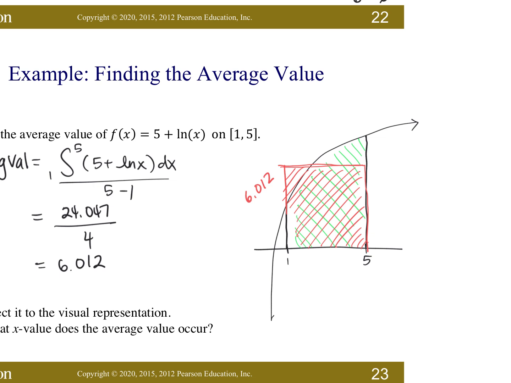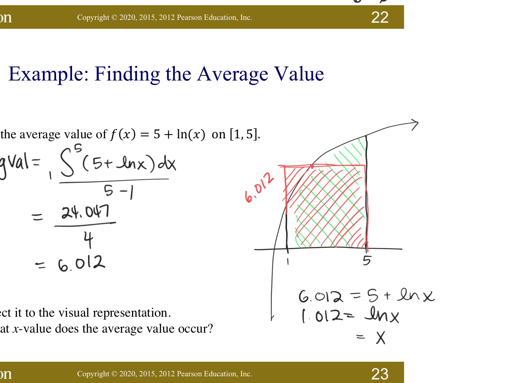That does not tell me where the x value is. For the x value, I would have to take 6.012, set it equal to 5 plus ln x, and then solve that. Or use the intersect feature on my calculator, which would be fine also. But I could subtract 5: 1.012 equals ln x.